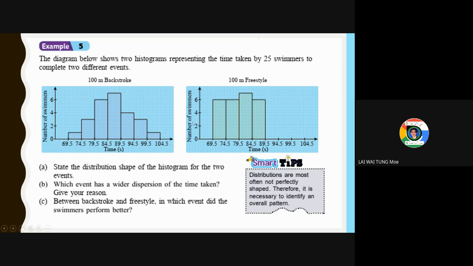So it's very obvious that backstroke has the wider dispersion. When you want to give your reason, you can find the difference between the longest time and the fastest time for this graph, and then compare to freestyle. So you can compare the difference. So that is your answer.